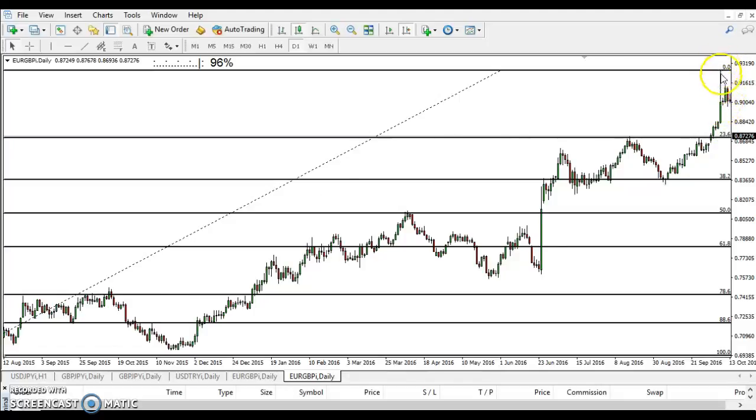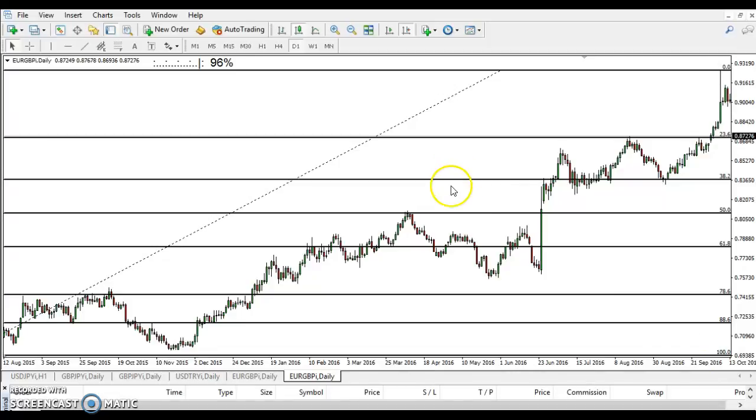Now what I'm going to do is look for price to come to this 23, 38, 50, 61, 78.6, or even this 88.6. Now when it gets down to this 100, it's a good chance that it's going to reverse. Anything past 100 is a reversal period.